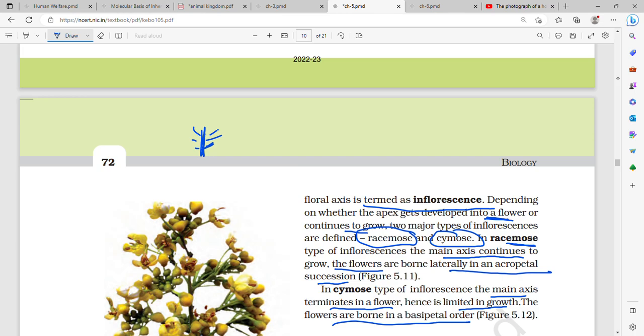In basipetal, it is the exact opposite: older flowers are above and younger flowers are below.